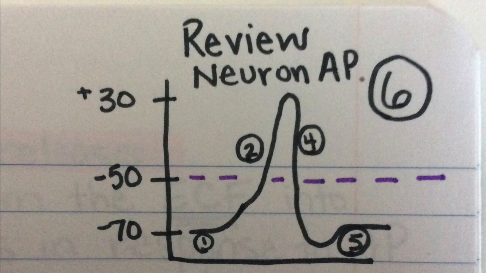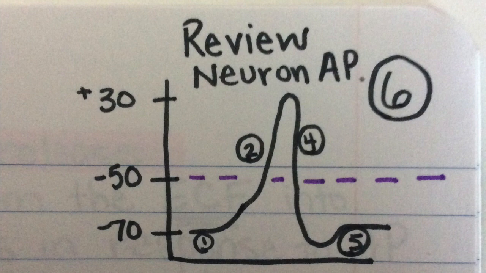The neuron starts with a resting membrane potential of approximately negative 70 millivolts. When it has received enough excitatory synaptic potentials from other neurons, it reaches threshold of negative 50 millivolts. This is done by the opening of sodium channels to allow sodium to rush into the cell.